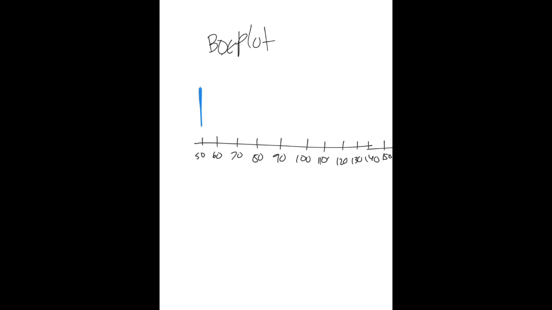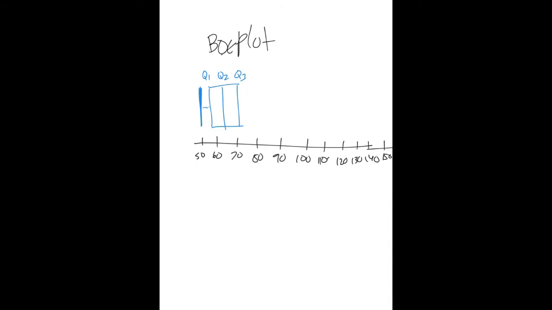Next, we need Q1. Q1, as we found, is 56.75, so there's Q1. Now we need the median. As we found in our previous section, the median is 63.5, so we'll put it there. And then we also need Q3, which is 70.75. So here we have our box: Q1, Q2, Q3.